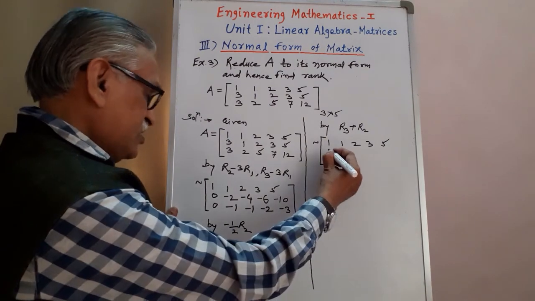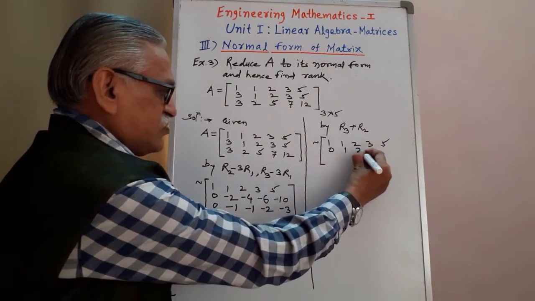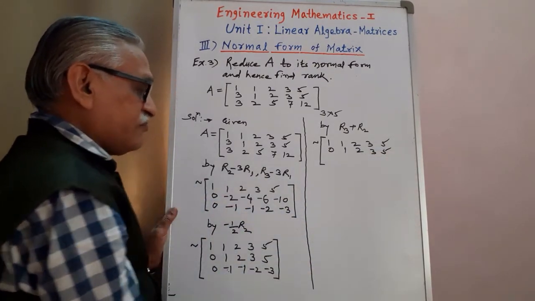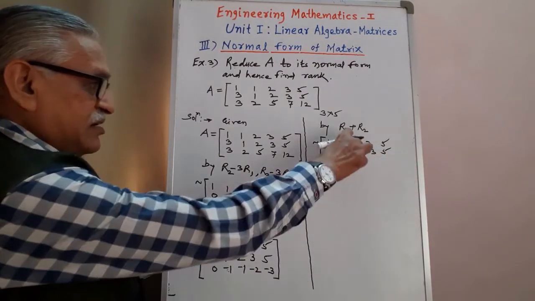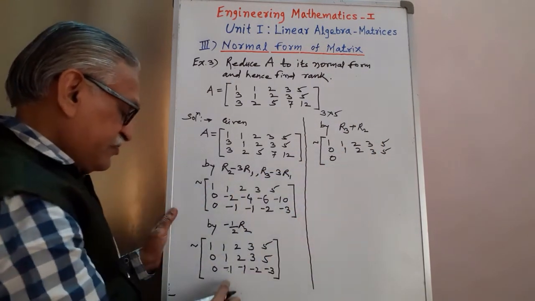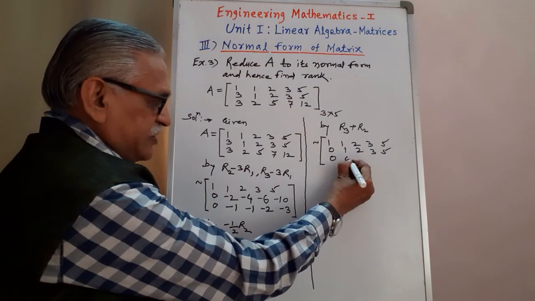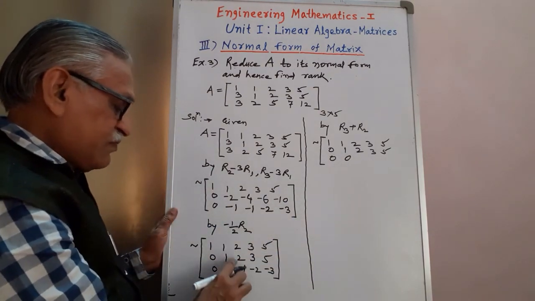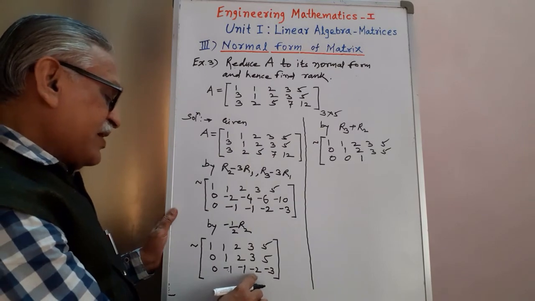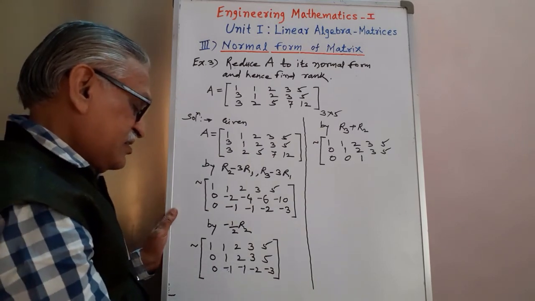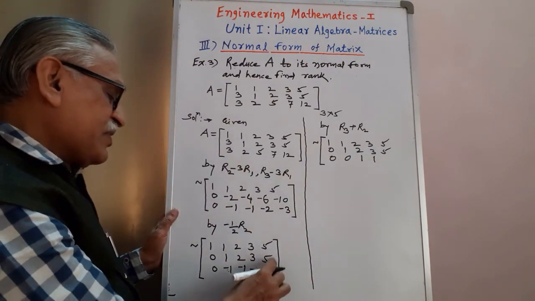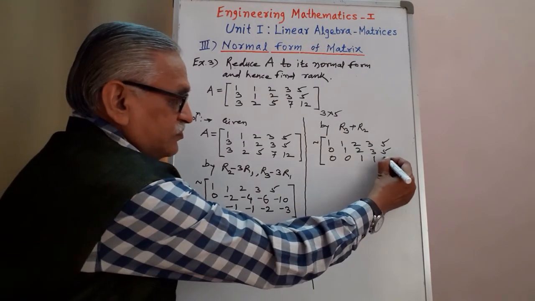Second also no change: 0, 1, 2, 3, 5. Then R3 plus R2: 0 plus 0 we get 0. Minus 1 plus 1 we get 0. Minus 1 plus 2 we get 1. Minus 2 plus 3 we get again 1. Minus 3 plus 5 we get 2.